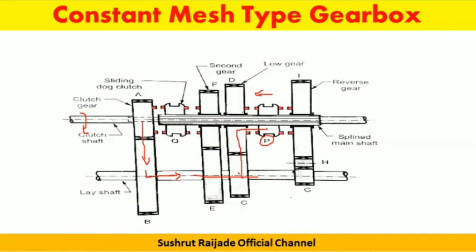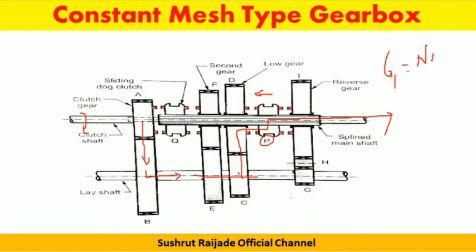After this, from the dog clutch, the power will be transmitted to the main shaft, and from the main shaft to the propeller shaft. This is how the power gets transmitted from the clutch shaft to the main shaft for the first gear engagement.